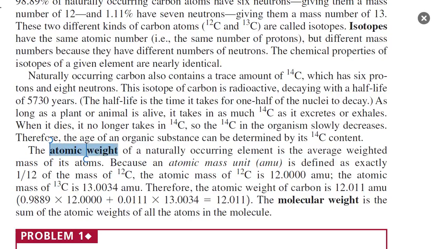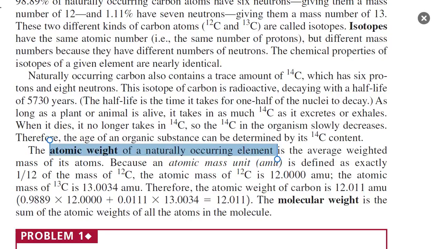We did hear atomic, but what is the weight? Is it the weight of one atom? Is it the weight of so many atoms? What is it? It is a naturally occurring element. The weight of a naturally occurring element is the average. So the definition of atomic weight we're going to talk about is for an element, a naturally occurring element.